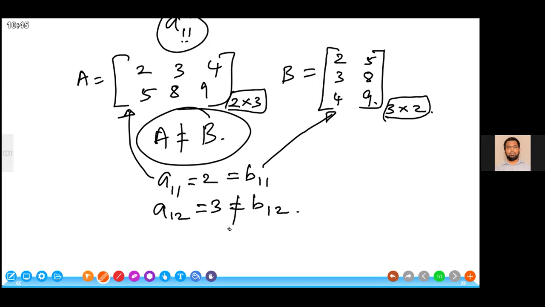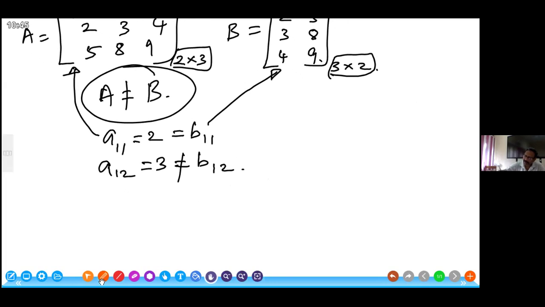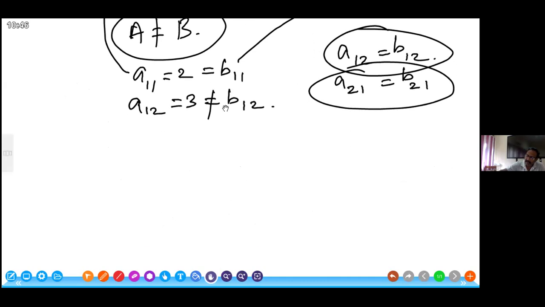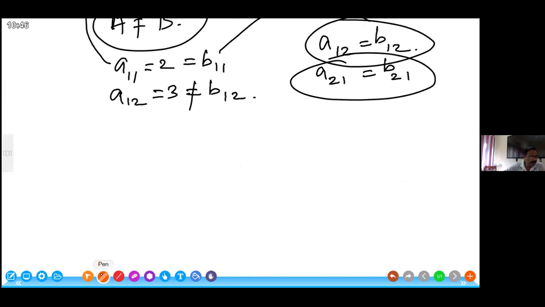So you see, this is the problem. When you say equal matrix, whatever element you are considering, A12 should be equal to B12, or A21 should be equal to B21. Then only you can say it's an equal matrix. So here, A and B are not equal matrices.